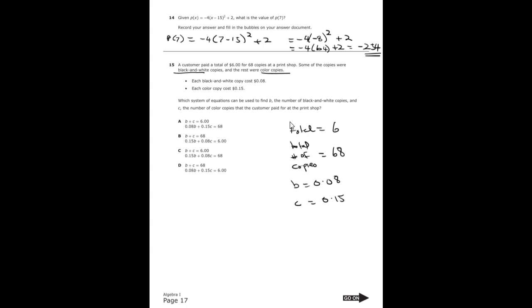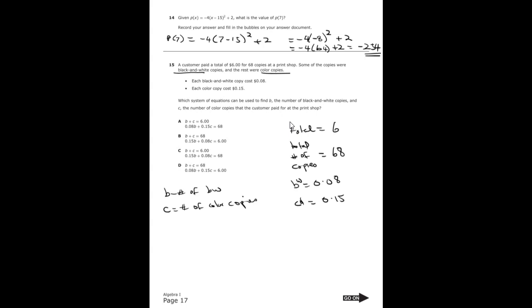Let's say that B represents the number of black and white copies, and C represents the number of colored copies. So what we need to remember is that, based on that, B plus C is equal to 68.